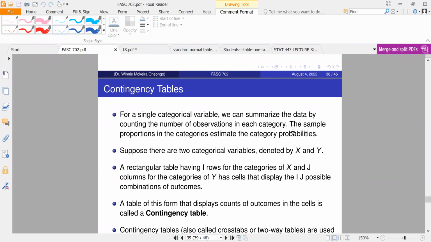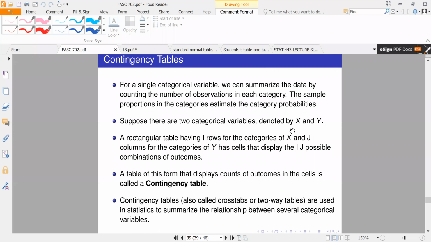In that table, you have a number of rows for one category and a number of columns for the other category. So for instance, if you have two categorical variables, X and Y, your contingency table will have I rows for the X variable, and it will have J columns for the Y variable.